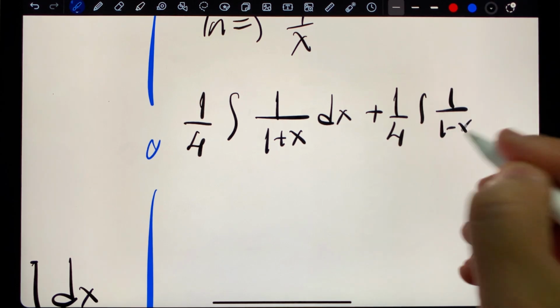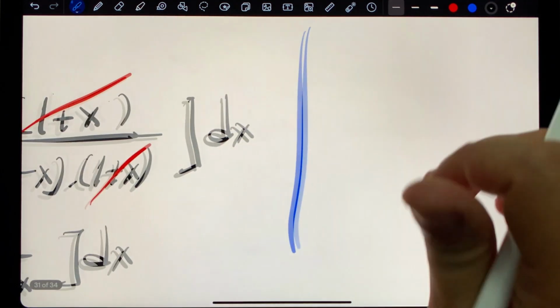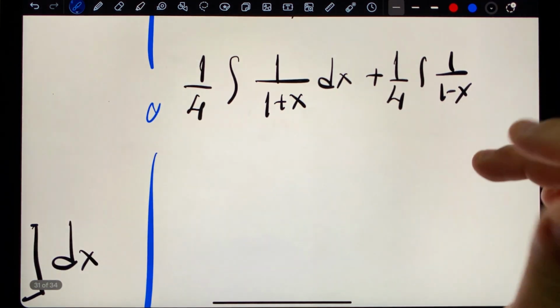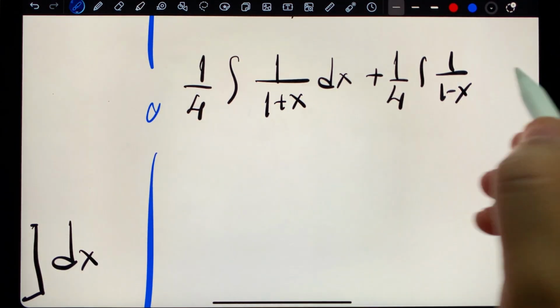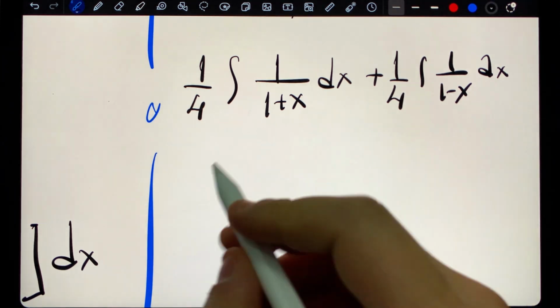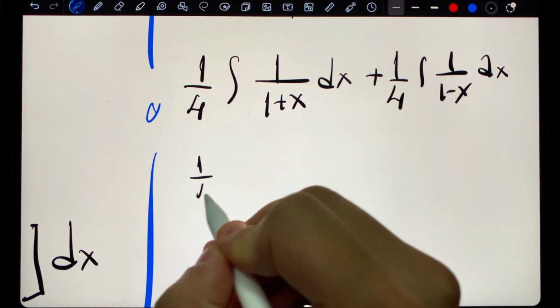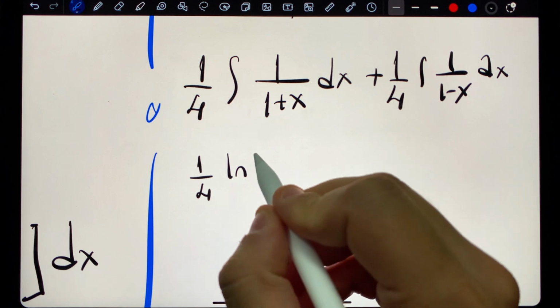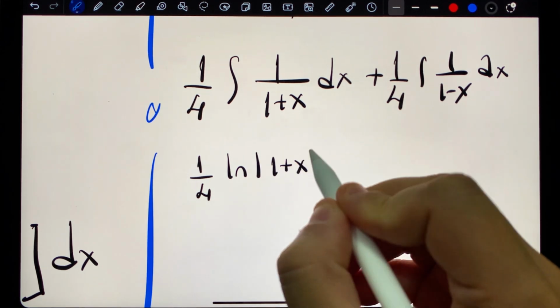I didn't write it wrong. Yes. Now we will take the integral of this. Of course, there's also the x here; let's not forget it. What happens if I take it? It will come as 1/4 times ln of the absolute value of 1 plus x.